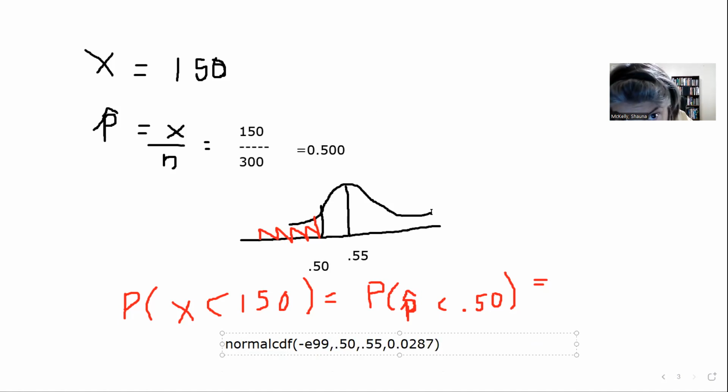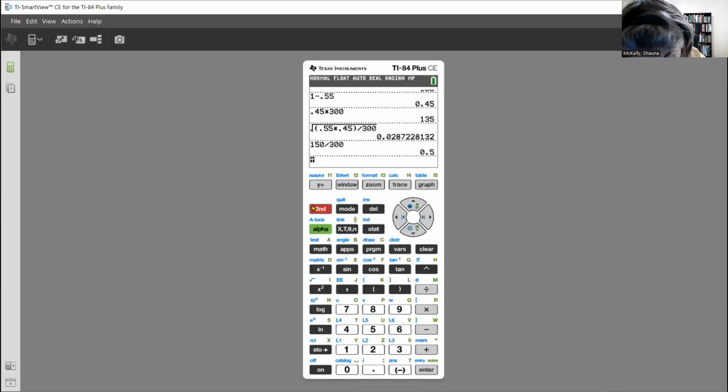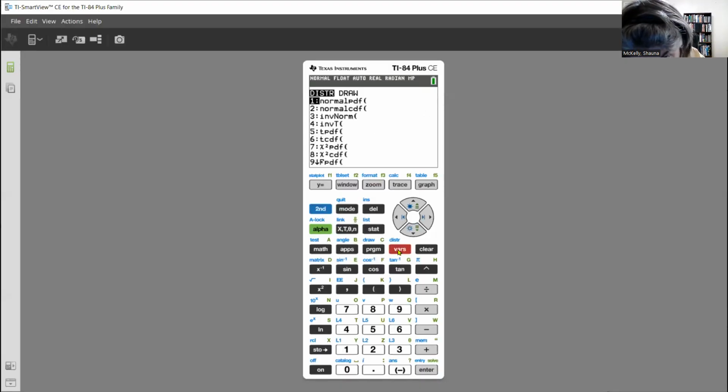Let's see. I'm going to share a different screen here. All right, so this is second distribution, normal CDF right here.